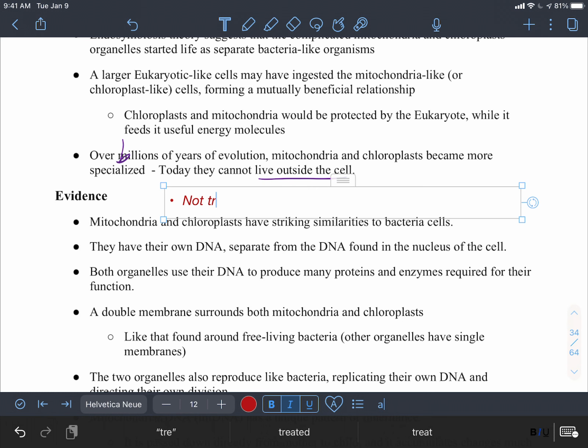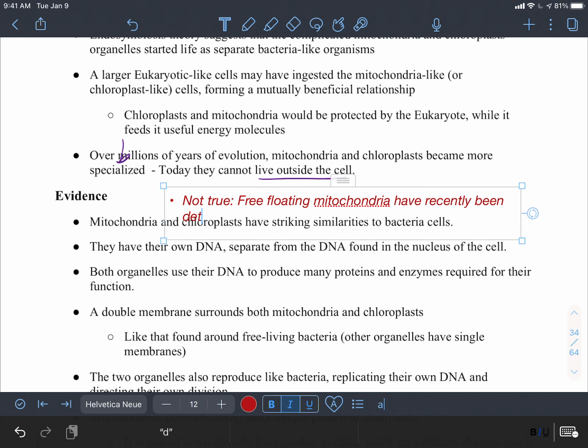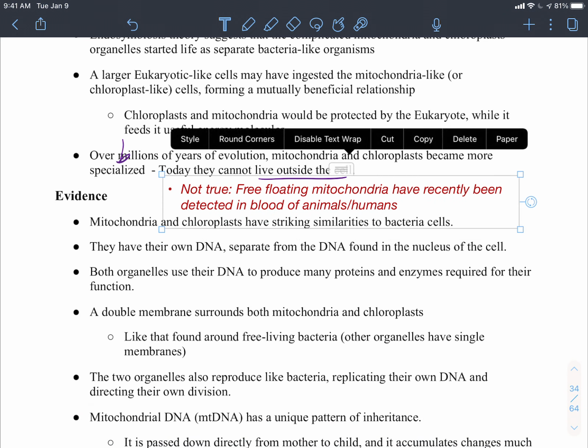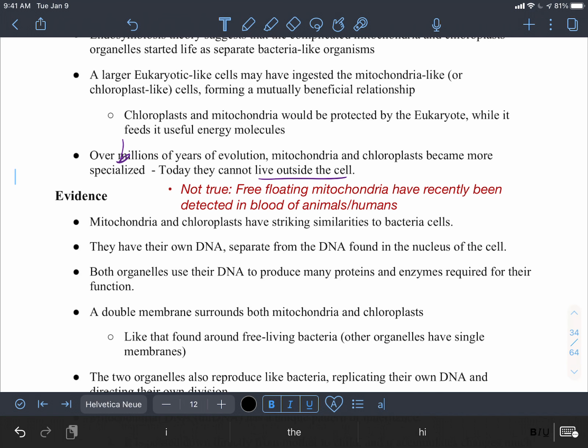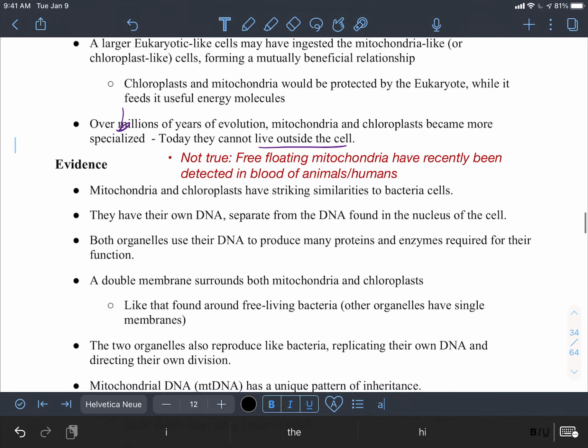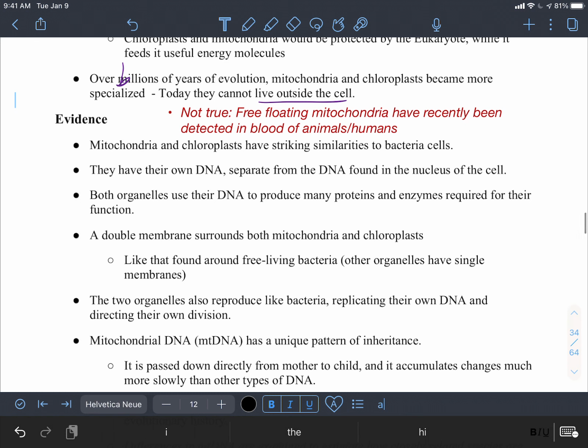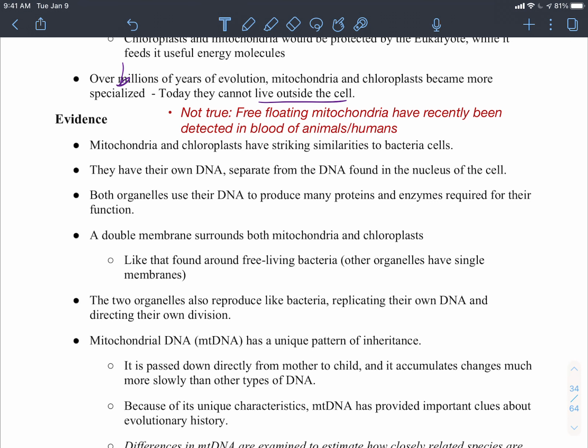Free floating mitochondria have recently been detected in blood of animals. So those mitochondria can actually survive outside and freely moving around, and this could actually be another way that genetic differences have developed.